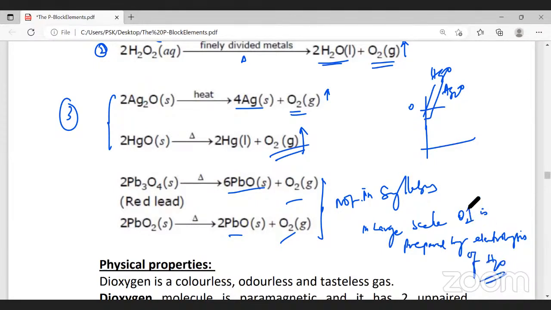When we electrolyze water, we get a large amount of oxygen. When acidified or dilute water is electrolyzed, oxygen gas is liberated at the anode and hydrogen gas is liberated at the cathode. So a large quantity of oxygen can be prepared by electrolysis of dilute acid or water.